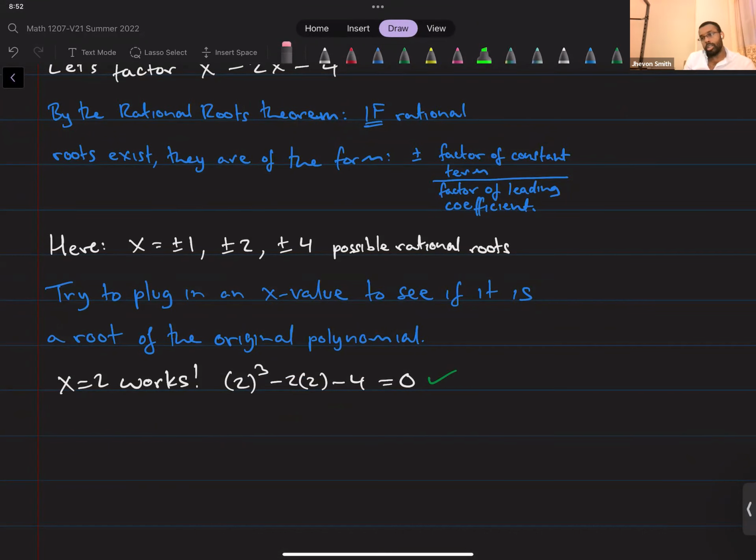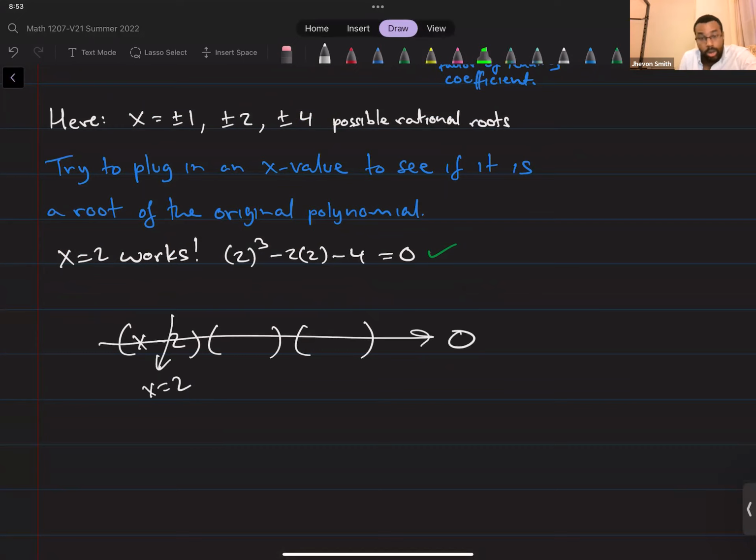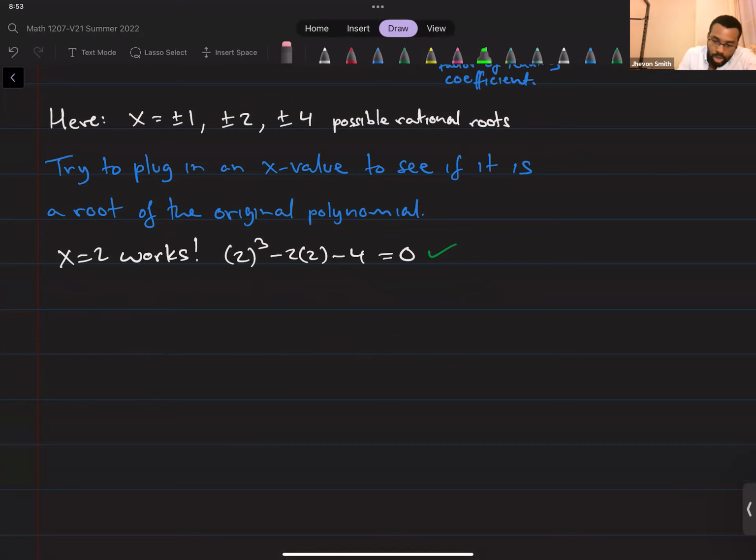Now, there's another theorem that says if you plug in something and it makes a polynomial 0, that means x minus that number has to be a factor. The thing has to factor in such a way that x minus 2 is one of the factors, so that when you plug in x equals 2, it gives you 0. So x equals 2 works as a root. This means the expression x minus 2 is a factor.